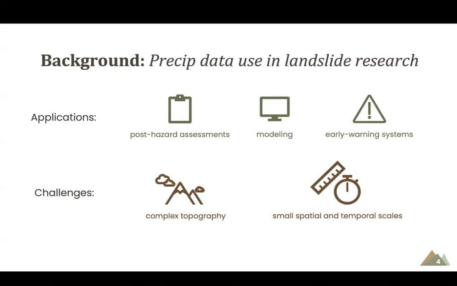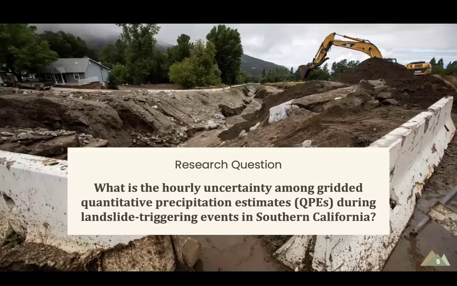And so all of this has motivated me to look into this research question: what is the hourly uncertainty among gridded quantitative precipitation estimates during landslide triggering events in Southern California? In this project, I've been focusing specifically on Southern California, for a few reasons.